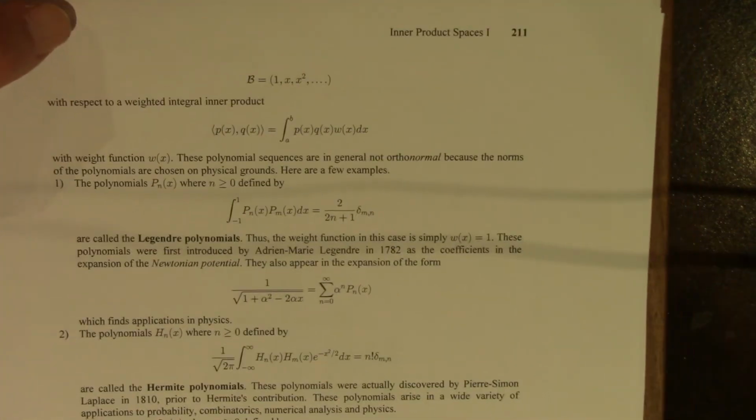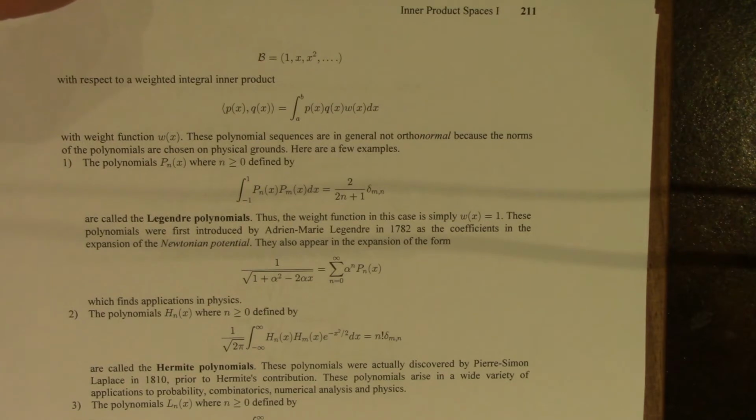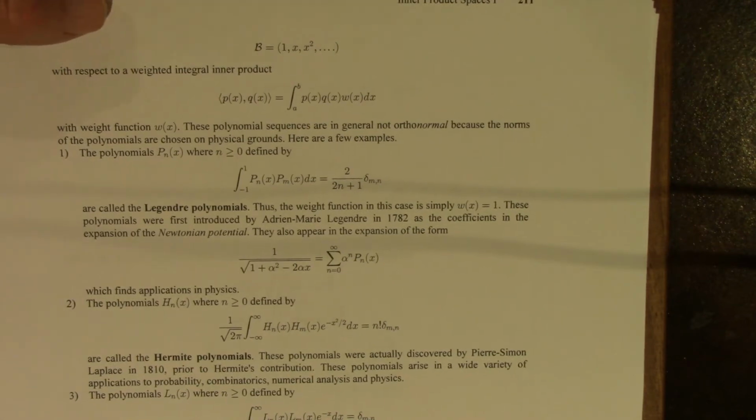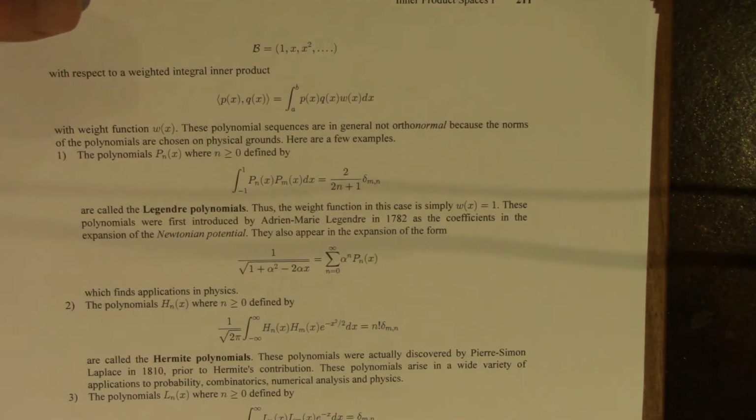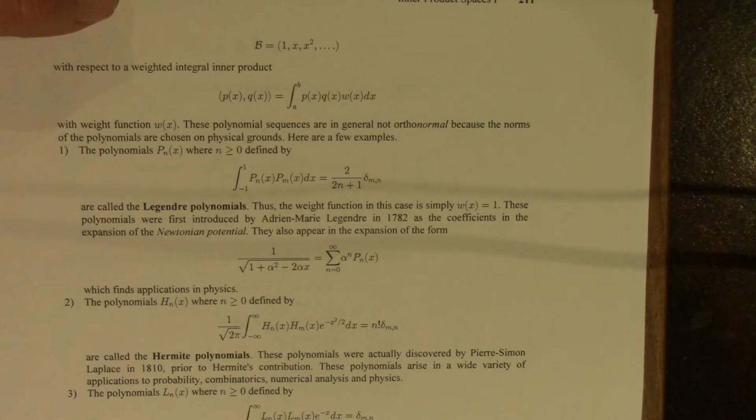Change the weight function, you change the inner product, you will change the resulting orthogonal sequence. In general, by the way, we don't normalize these sequences. The norm of the polynomials in these sequences is chosen by some other means, physical grounds or whatever. Don't just arbitrarily make them all norm 1.